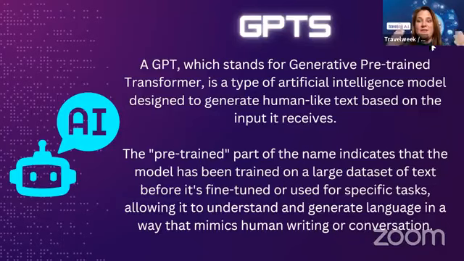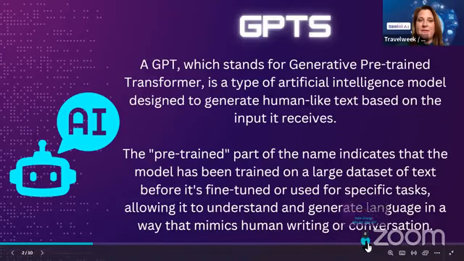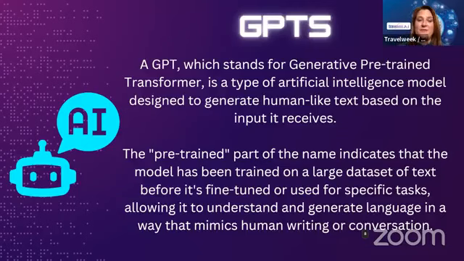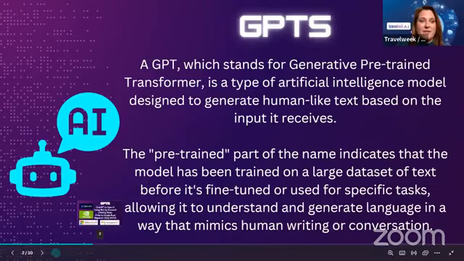They've been trained on lots and lots of language out there, so they try to create output that sounds like a human, something you would read or write. The pre-trained part of the name indicates the model has been trained on a large data set of text before it's been fine-tuned or used for specific tasks, allowing it to understand and generate language and put output in a conversational tone. So again, GPTs are artificial intelligence that pump out language.